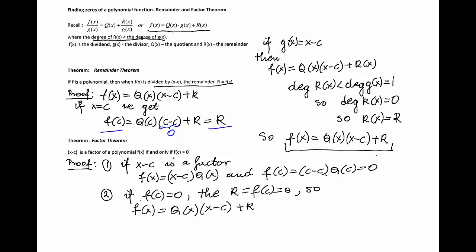But since the remainder is 0, this is the same as q of x times x minus c. And that simply means that x minus c is a factor of f of x, because f of x can be written as a product of x minus c times some other polynomial.